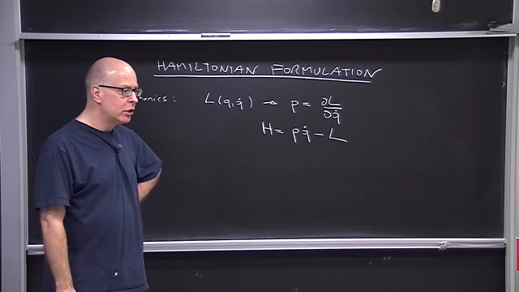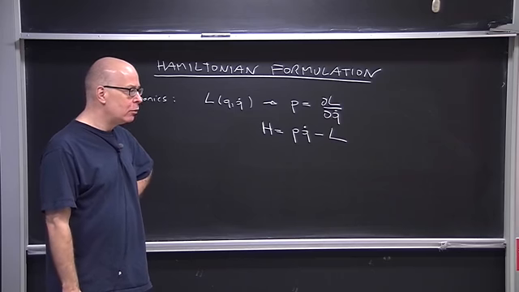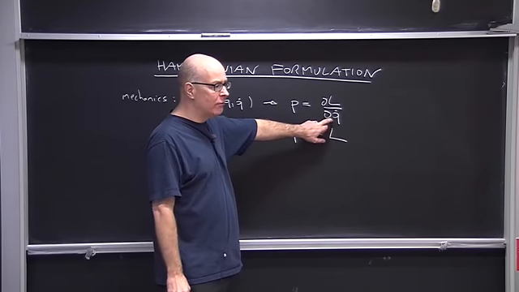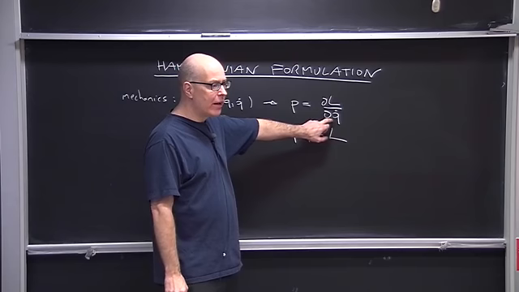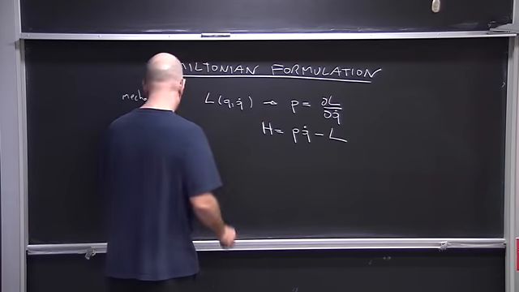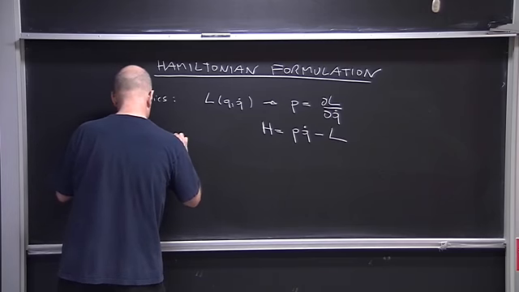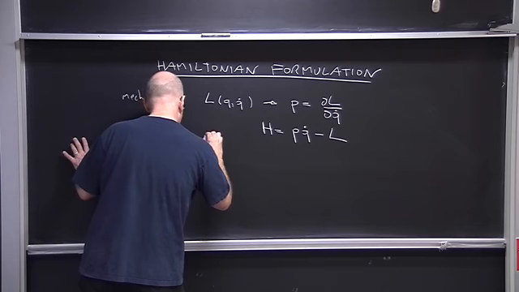Now if we were going to do this for a field theory, we would have to think a little bit harder, and in particular think about what we mean by q dot in the context of a field theory. So first, let's think about doing this for a field theory in flat space-time.